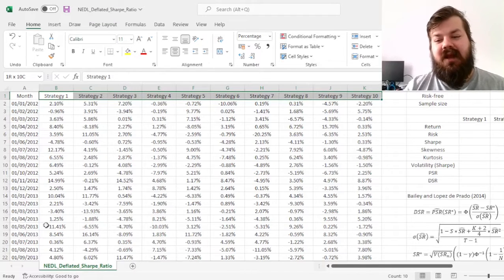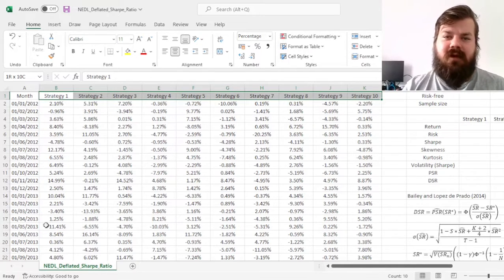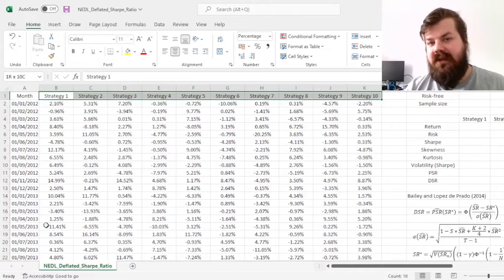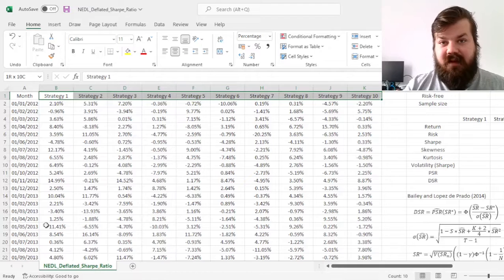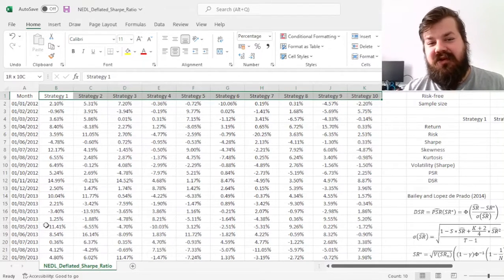So taking this into account, Bailey and Lopez de Prado proposed a quite ingenious transformation and a quite original statistical procedure to take this into account in a probabilistic Sharpe ratio framework. We have investigated the probabilistic Sharpe ratio before in one of the existing videos, and this is a development on top of it to take into account not only the fat tails and skewness, but also the fact that we've got 10 strategies and not just one.